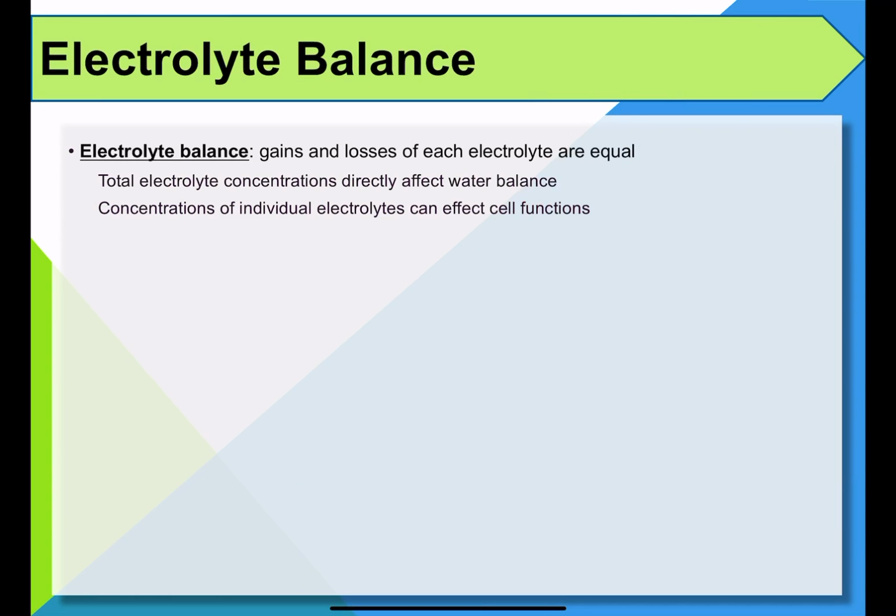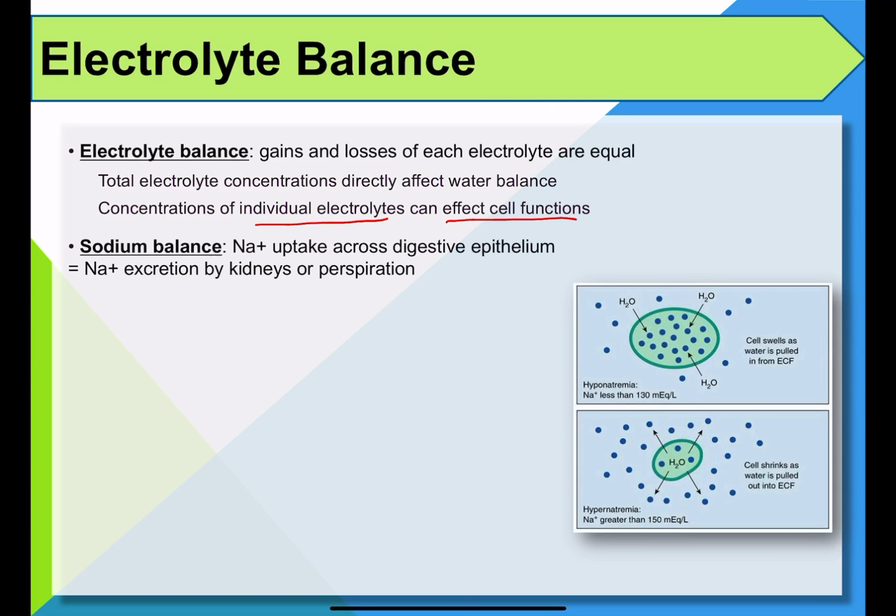Because fluid and electrolyte balance go hand in hand, total electrolyte concentration will directly affect water balance, the fluid balance we were just talking about earlier, and the concentration of individual electrolytes can affect cell functions. For example, by now we know the importance of sodium ions and the large variety of roles this ion plays in different organ systems, so the balance of this ion is very critical.